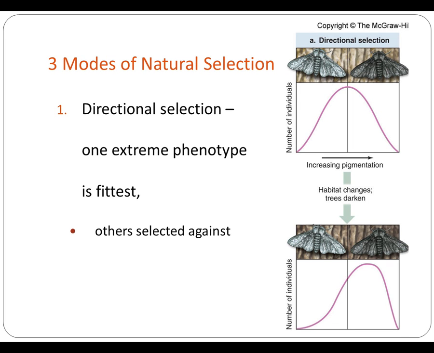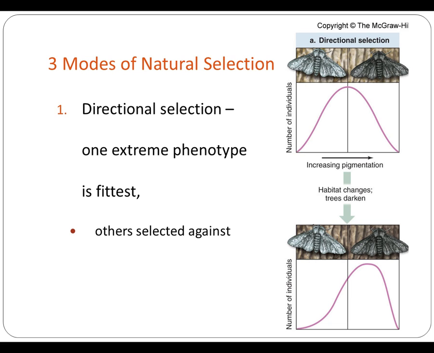I'm just using the images from your textbook. Looking at the image on the far right, in directional selection, when the environment changes, one phenotype is more favored than the other. The classic example is some moths in England, dark versus light colored moths.